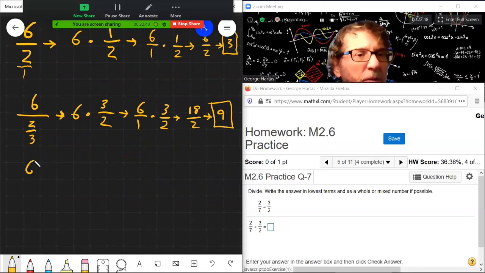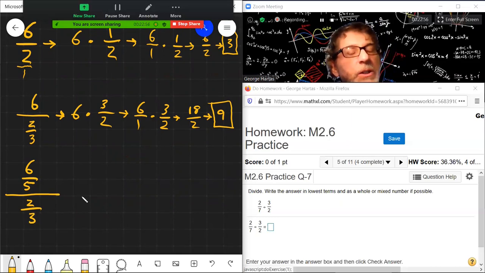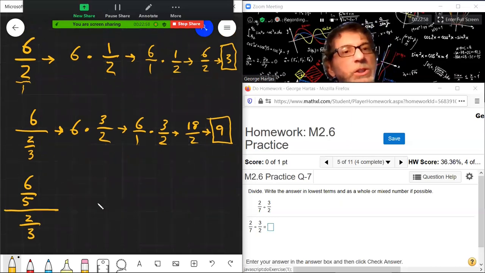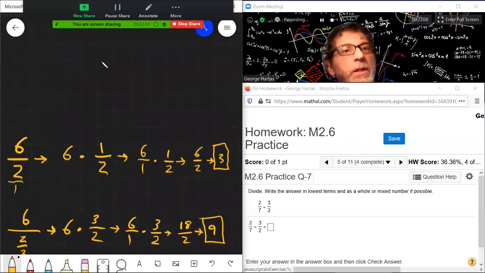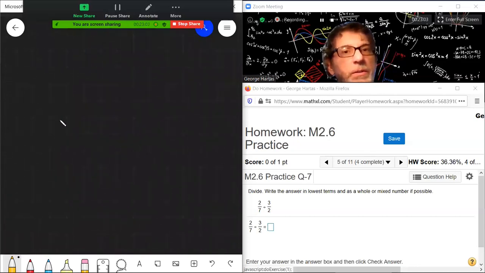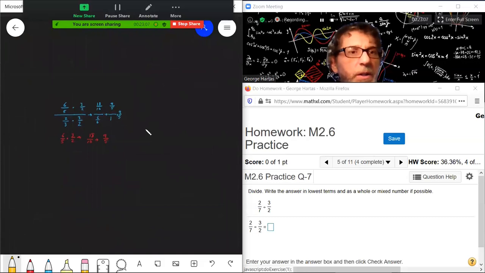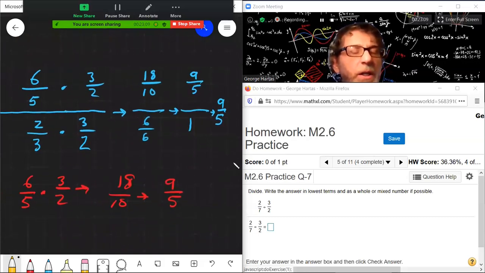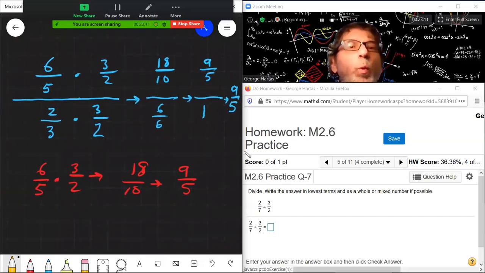So we have 6 over 5 divided by 2 over 3. All right, so instead of doing this, instead of trying to get a 1 on the bottom, like we did in the first case, no, it's too much work.